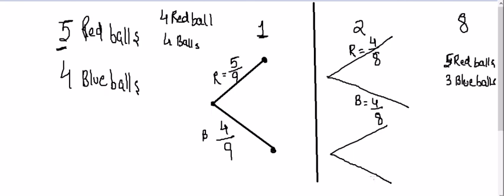So the probability of selecting a red ball is 5 over 8, and the probability of selecting a blue ball is 3 over 8. So this is how you can complete a tree diagram when one event is dependent on another event. In the next class we will see more tree diagrams, as well as do the questions. Till then, stay tuned. Thank you.